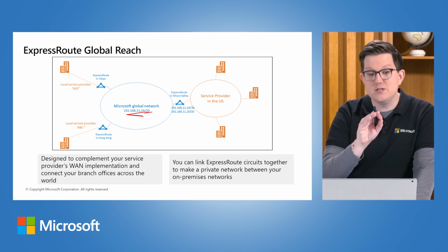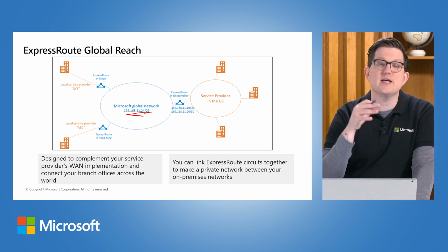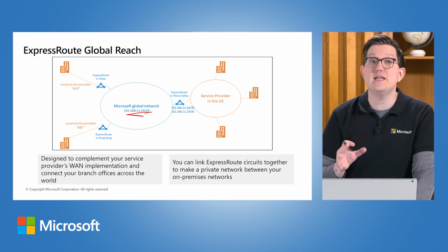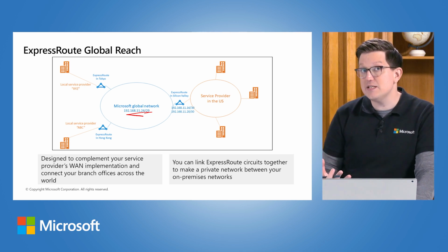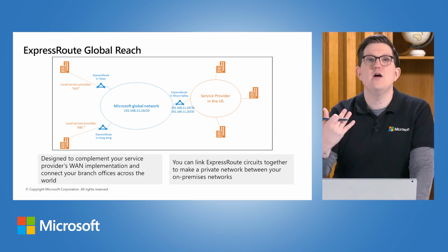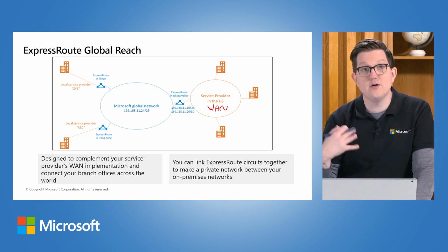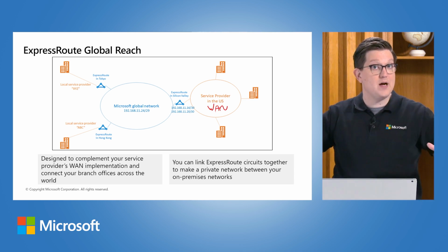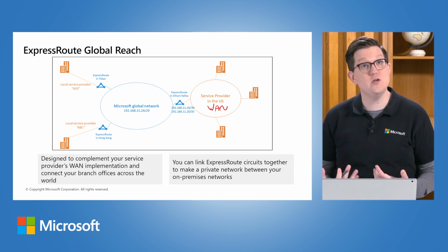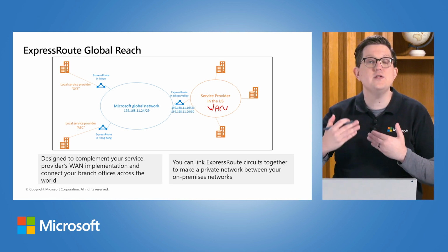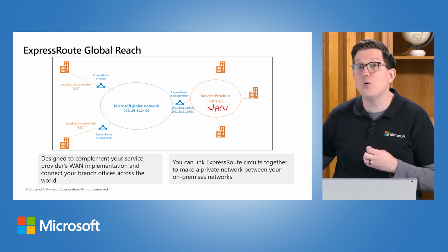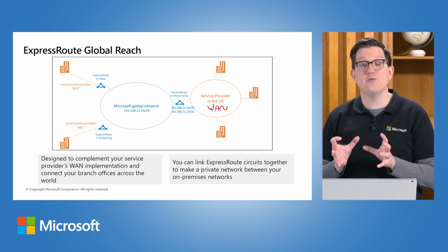What I can do is use my ExpressRoute connections as a communication tactic between these sites, interconnecting them and allowing them to then forward in to an existing WAN. So, in the US, I have my wide area network already connecting my US sites, and then I can simply use ExpressRoute as a way to forward that WAN into the broader network.